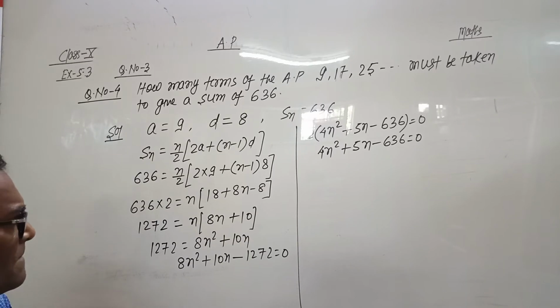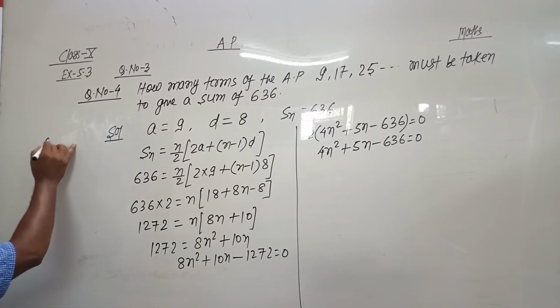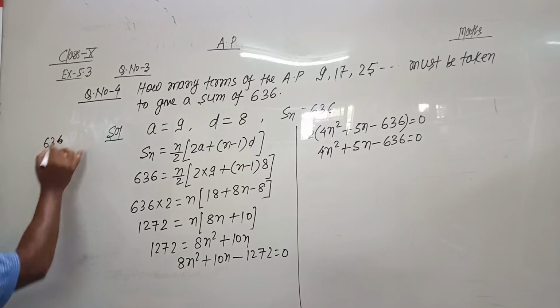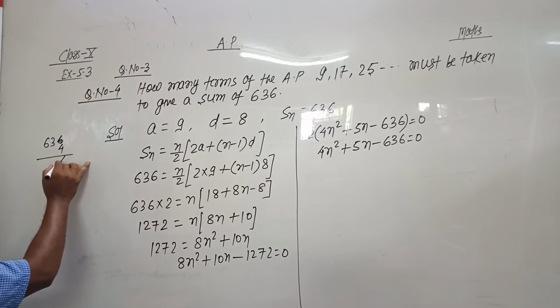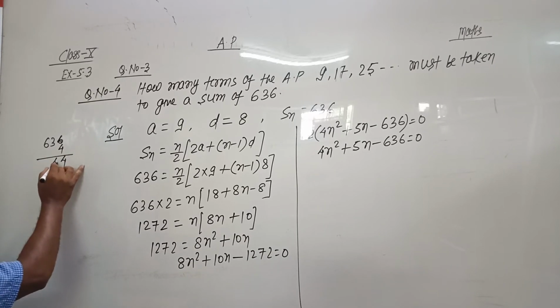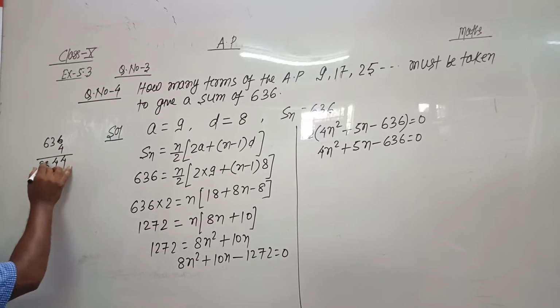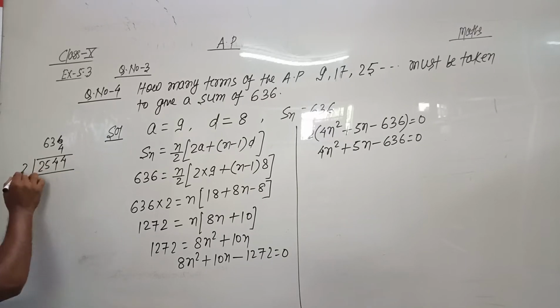We have to make its factors. 636 multiplied by 4 is 2544; make its factors.